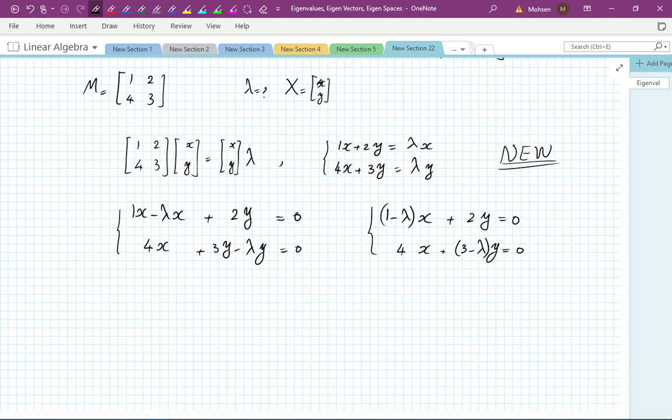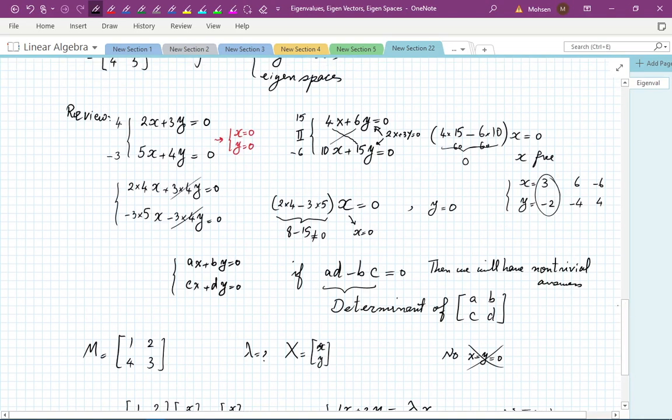Okay, this is a 2 by 2 system. I want a solution other than x, y equal to 0. I don't want that. That's a trivial thing. I don't want to end up in a situation that x and y are 0. What did we say? That's only possible if the determinant of the coefficients is 0.